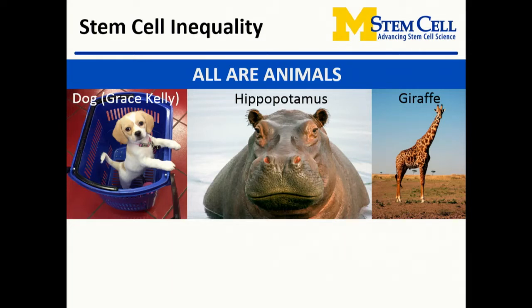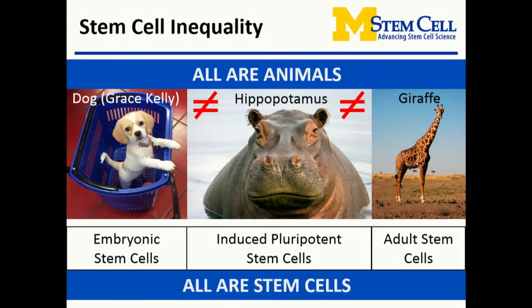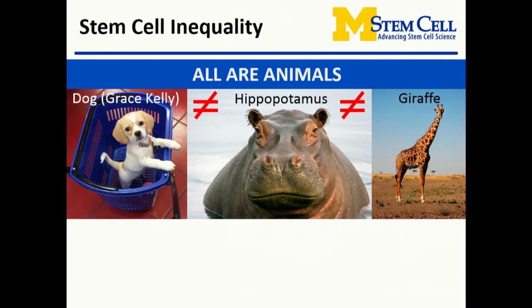My dog, Grace Kelly, is not the same as a hippopotamus and is not the same as a giraffe, yet they are all animals. The same is true with stem cells. Embryonic stem cells, induced pluripotent stem cells, adult stem cells, they are all stem cells, but they are not all equal.